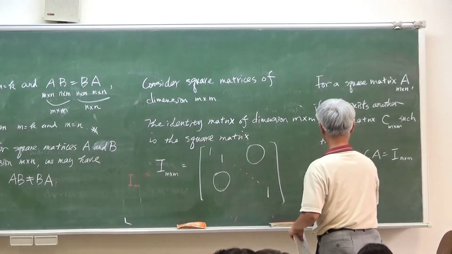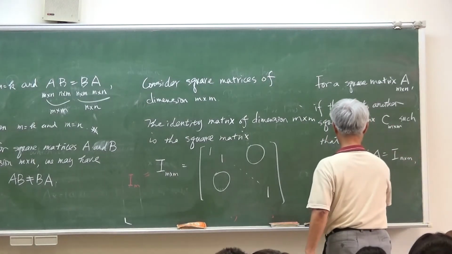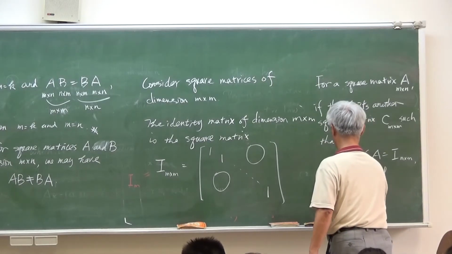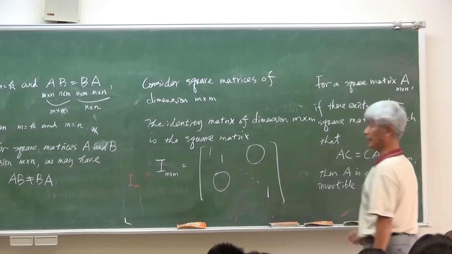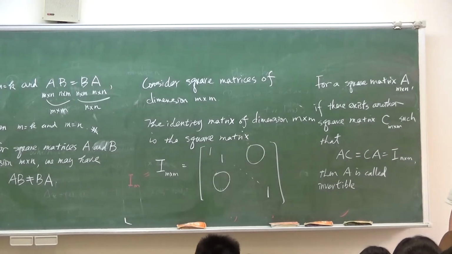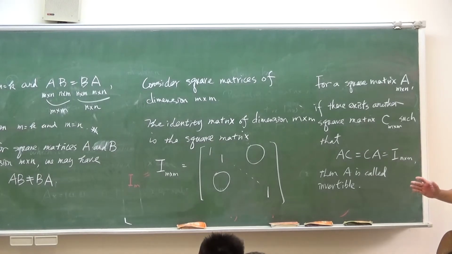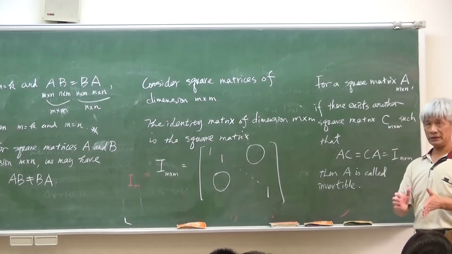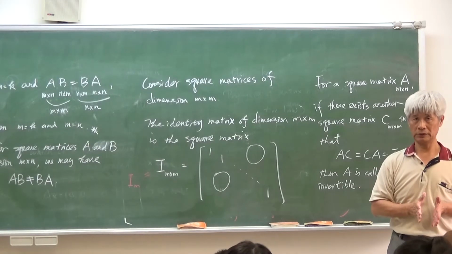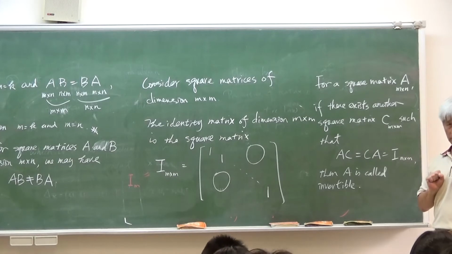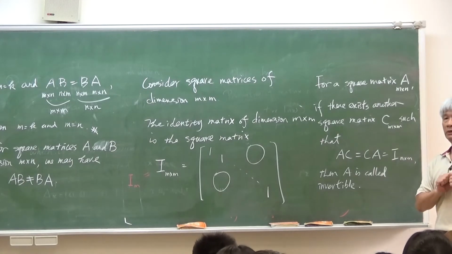Then A is called invertible. Okay? So when I say a square matrix is invertible, we can find a square matrix C such that this is true.